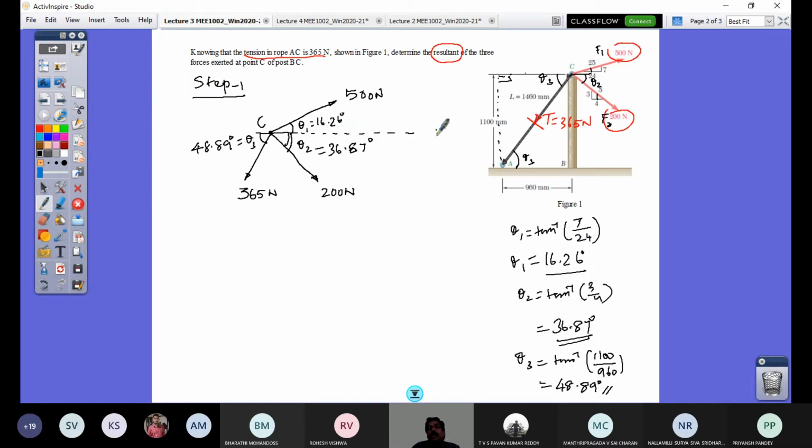So this is your x axis and this is your y axis. Now I can solve this problem by the learned process called resolution and composition. I have more than 2 forces, so I will go for resolution and composition. If these were the only 2 forces to be replaced by a resultant, then I would straight away go for the parallelogram law of forces.